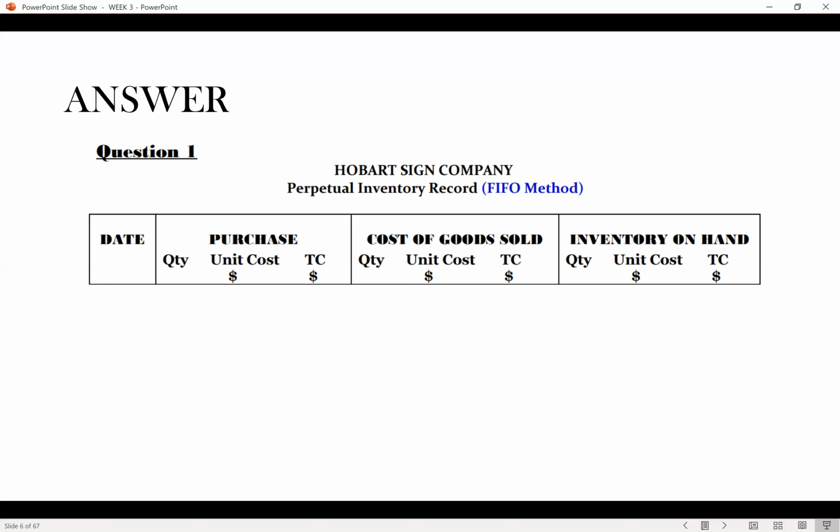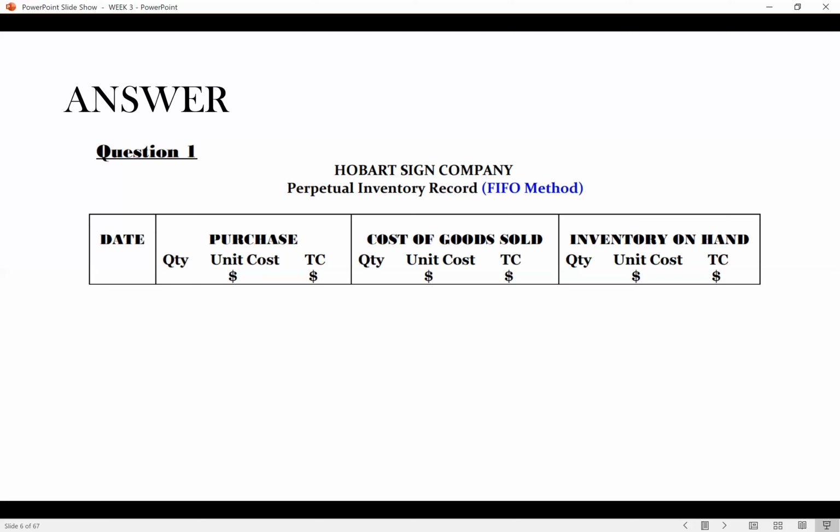Yes, so as always, you need to have the name of the company. With any statement, headings are important. So we start with the name of the company, and then below that we have what we're doing. And what we're doing here is the perpetual inventory record, in brackets, the FIFO method. The next thing that would usually follow is the date or the period. In this case, you could put June there, but not necessarily, right?